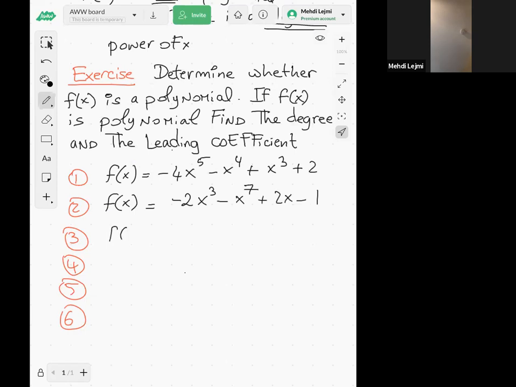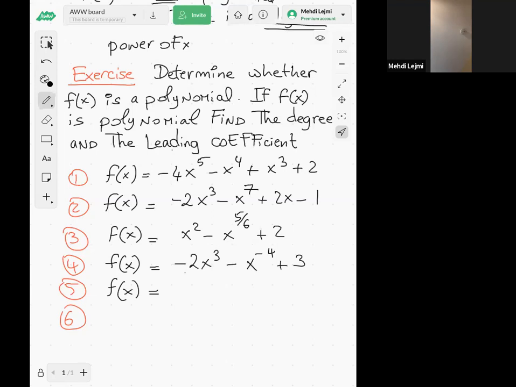Next, f of x is x squared minus x to the power 5 over 6 plus 2. Next, f of x is -2x cubed minus x to the power -4 plus 3. Next, f of x is x to the power 8 minus 10x to the power 9 plus 1. And the last one, f of x is x to the power -1 plus x minus 1.